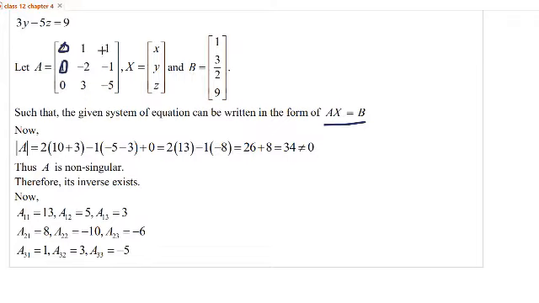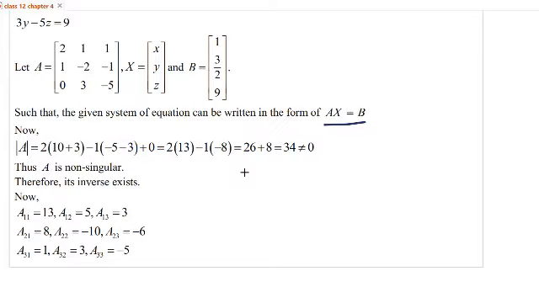So hiding this 2 by row and column, I'll get these 4 elements, and on solving I'll get 10 minus minus 3, that is plus 3. Then for this minus 1, hiding this by row and column, I'll get minus 5 minus 3, that is minus 8. So 13 2s is 26 and minus 8 into minus 1 is plus 8. 26 plus 8 is 34. So this is how we can calculate the determinant. Already you know that.